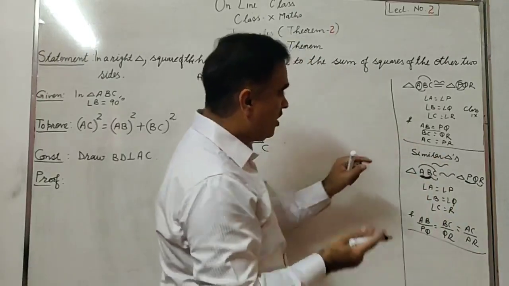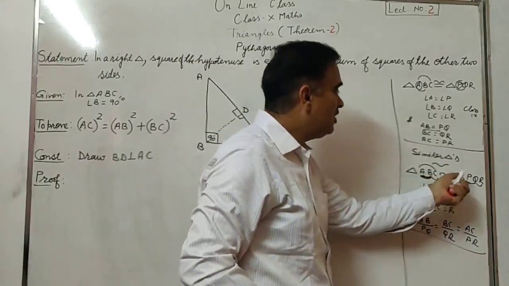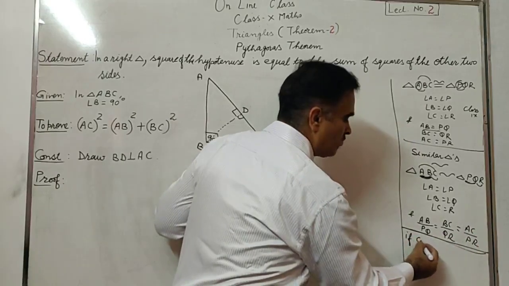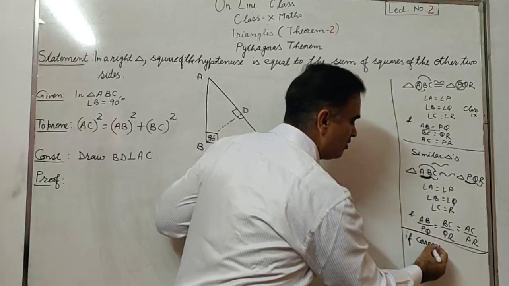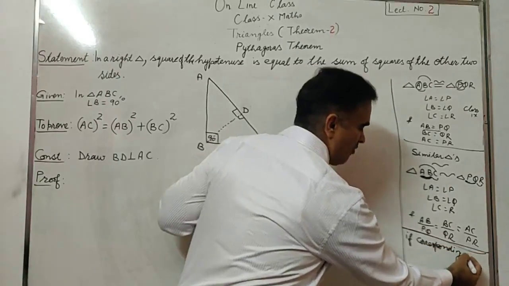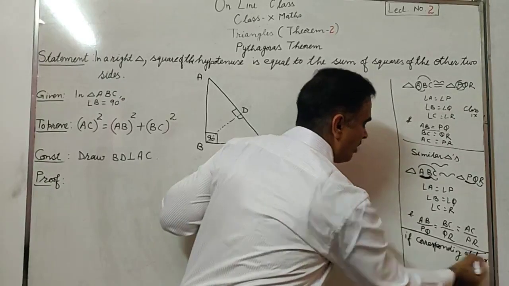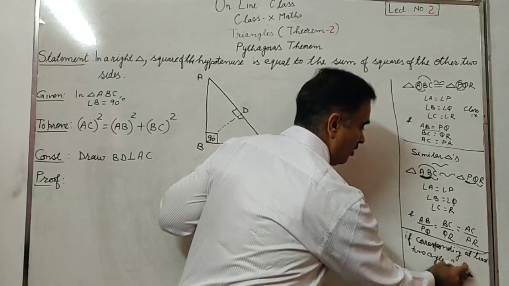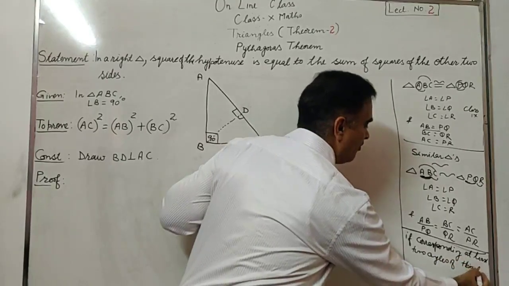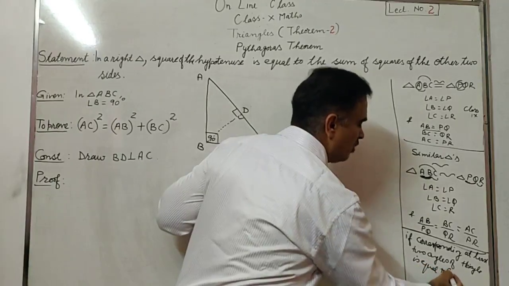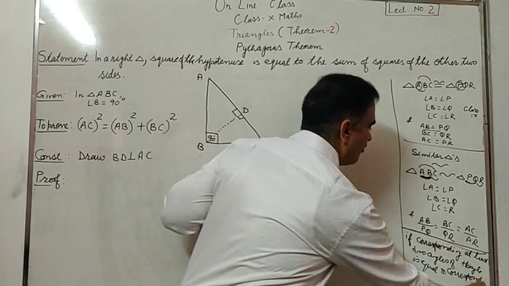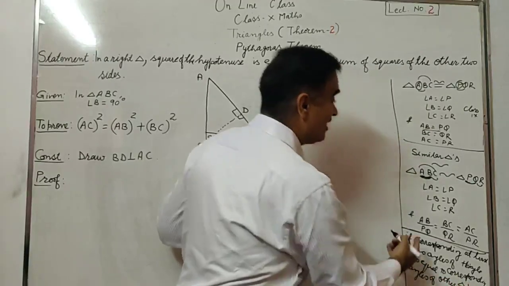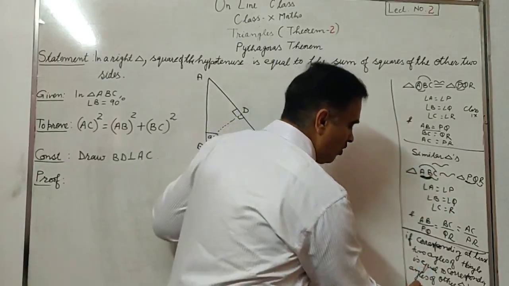Inversely, if we want to prove that two triangles are similar, one condition I am taking, not all conditions: if at least two angles of one triangle are equal to the corresponding angles of the other triangle, then the triangles are similar, and this is called similarity.